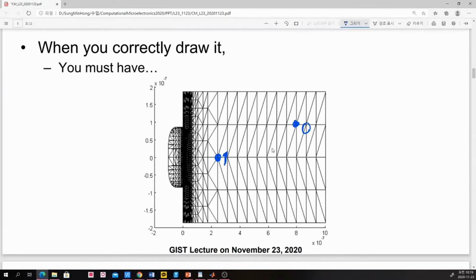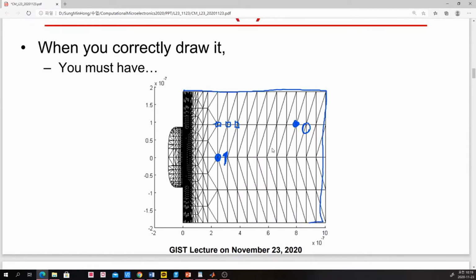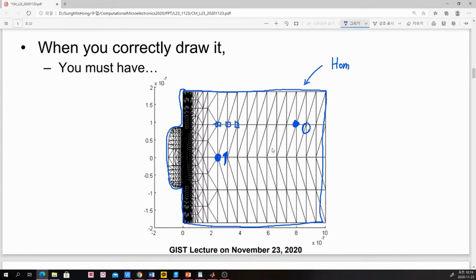And for all other points like this one, this one, this one, you will have the solution of the Laplace equation. And of course, for these boundaries, you have to specify the boundary conditions, and the suggested boundary condition is just the homogeneous Neumann boundary condition.